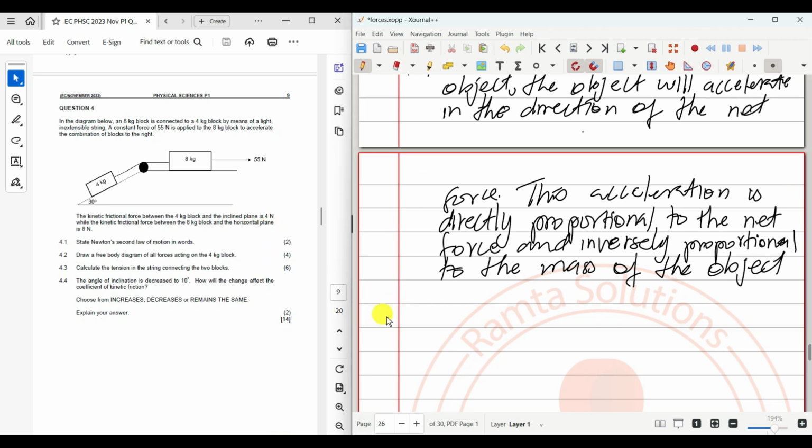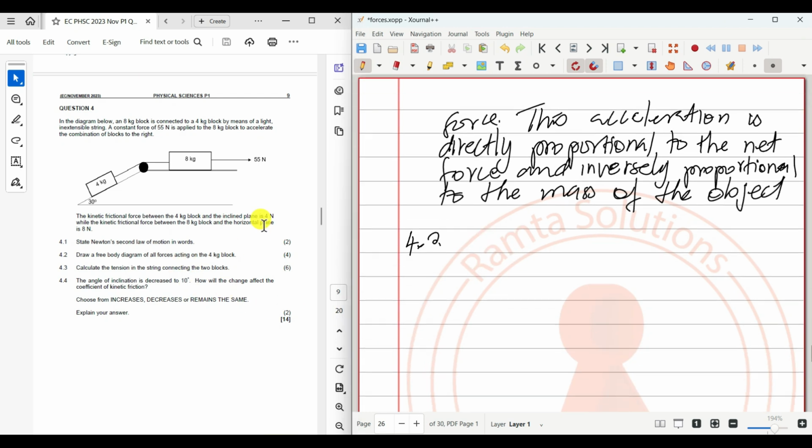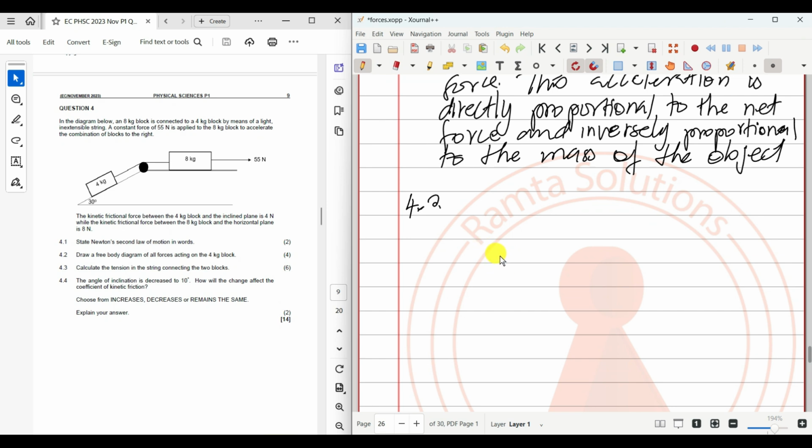This is it. Our 2 marks. Now 4.2. Draw a free body diagram of all the forces acting on the 4 kilogram block. I will show you 2 ways. It is experiencing tension in this way, normal in this way, and opposite normal is the perpendicular component of gravity, and then it's also experiencing the horizontal component of gravity.